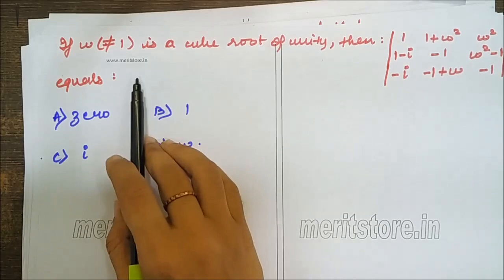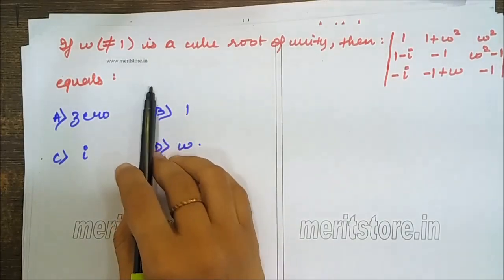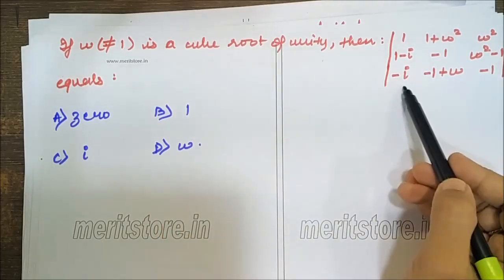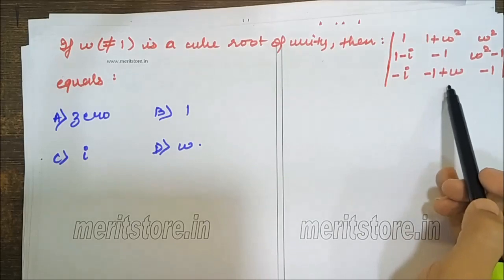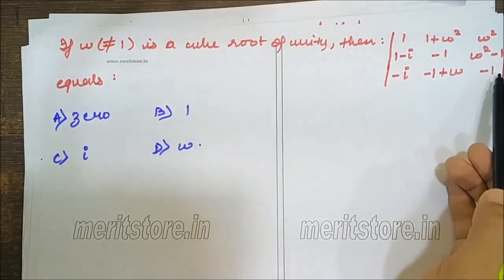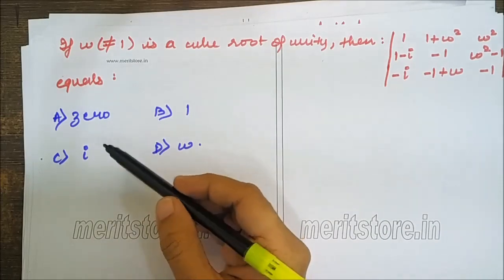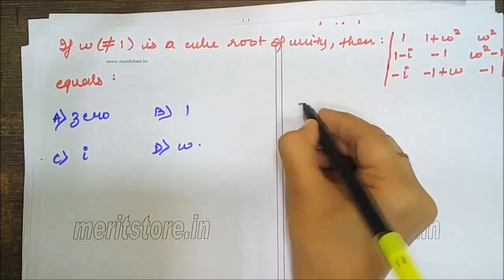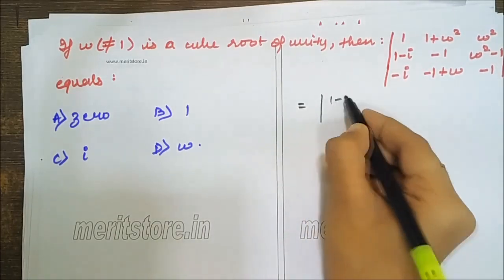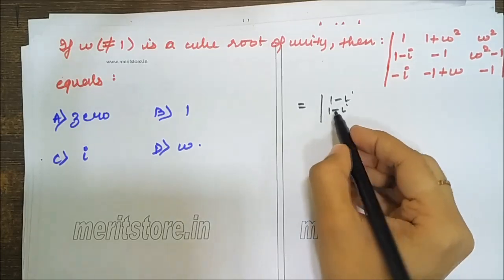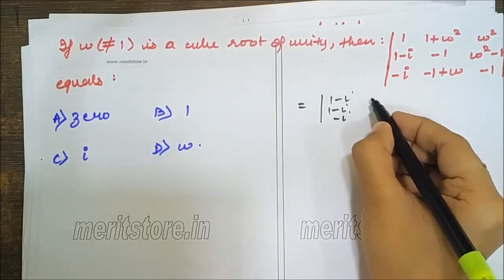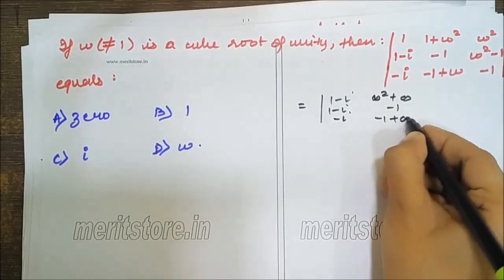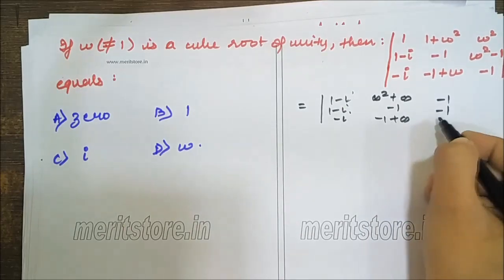If omega is not equal to 1 and is a cube root of unity, then the determinant with rows 1, 1 plus omega squared, minus 1 plus omega squared, minus 1 equals... Now here you have to use determinant properties. One of them is 1 minus i, and minus i. Here you are taking minus 1 plus omega minus 1.